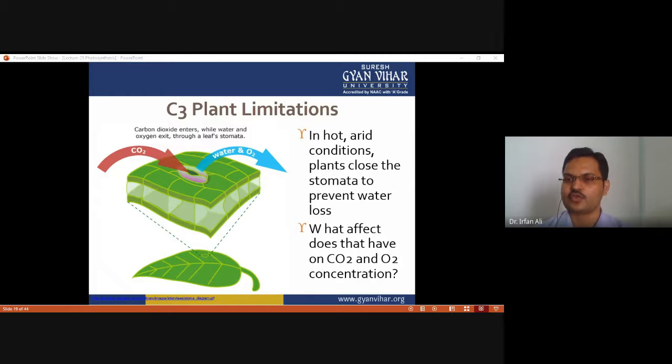When stomata are open, CO2 and O2 are both taken in. Rubisco can fix CO2, and it can also fix O2. When CO2 is fixed, sugar molecules are produced, but when O2 is fixed, sugar is not produced. This is a wasteful process. So these are the two limitations of C3 plants.